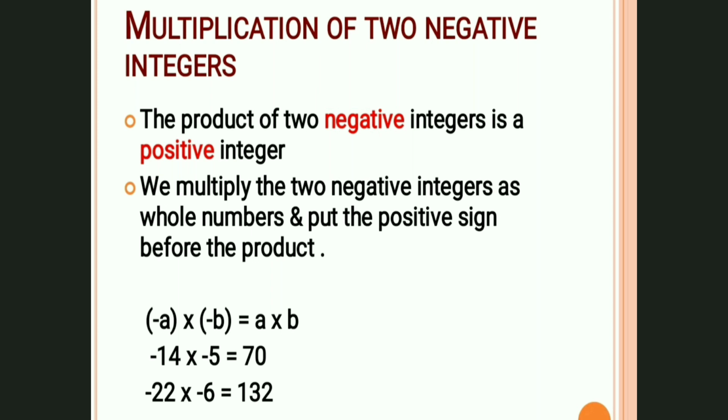Now we will understand this with examples. Minus 14 multiplied by minus 5 gives us 70, and minus 22 multiplied by minus 6 gives us 132. So children, here you have understood, when we multiply any two negative integers, we always get a positive integer as the answer.